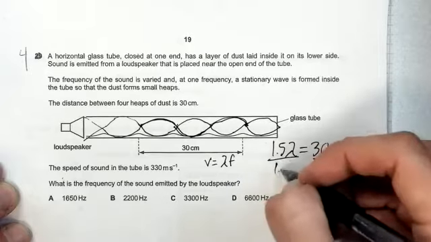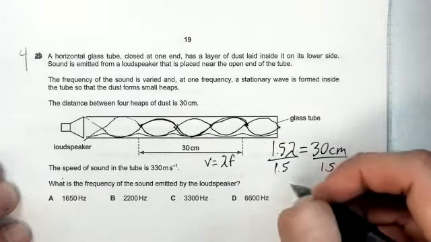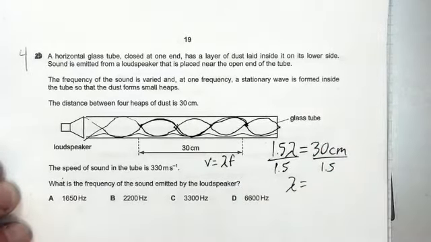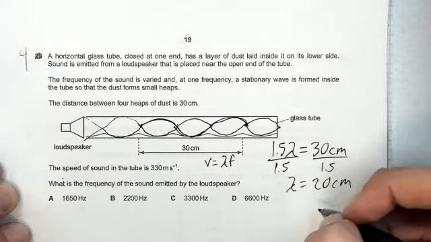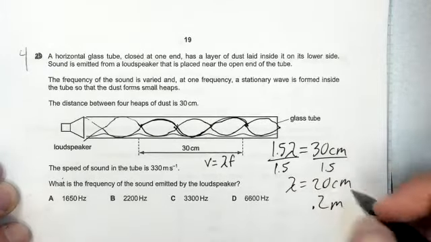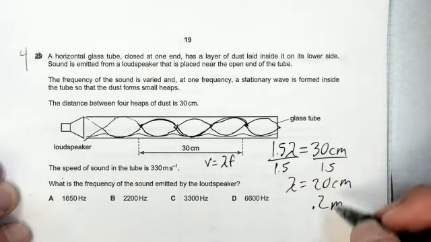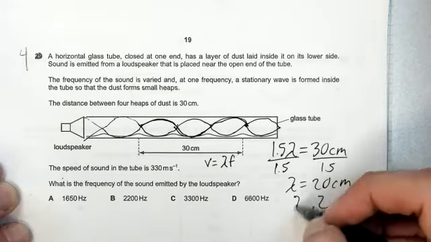Divide each side by 1.5. We've got the wavelength now. 30 centimeters divided by 1.5. That gives us 20 centimeters. That is 0.2 meters, right? 20 times 10 to the negative 2, or 0.2 meters.